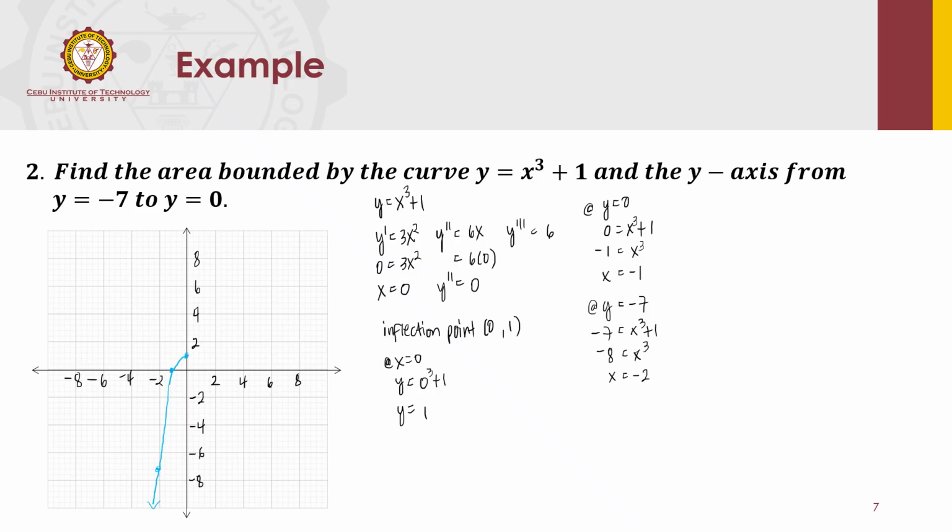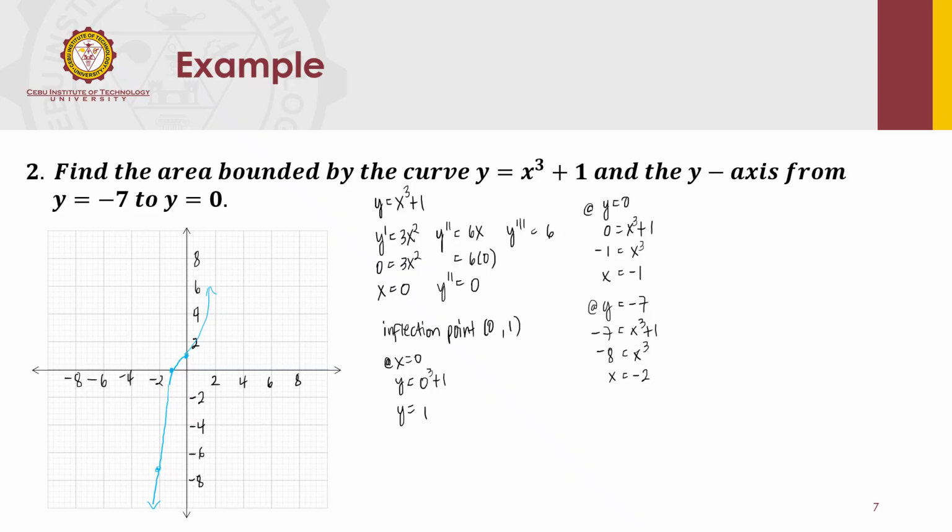And after the inflection point, although it's not necessary since we're after only the area here from -7 to 0, just in case you need to graph the other parts of your function, we expect a change in concavity. After reaching the inflection point, after x equals 0, it's going to be concave upward and it will extend infinitely upward.